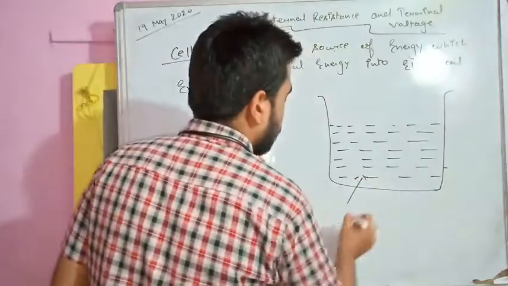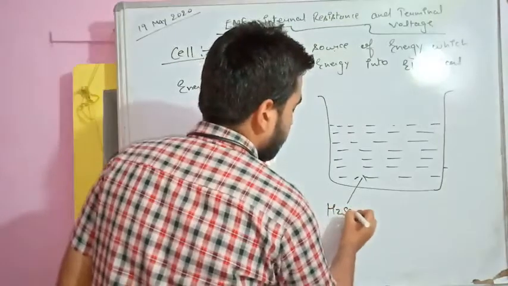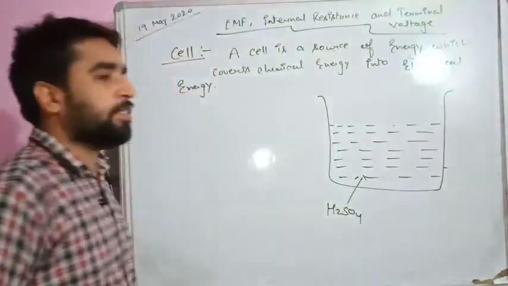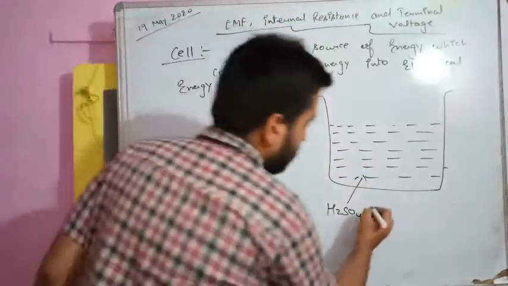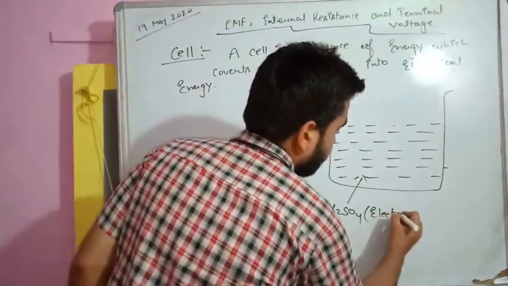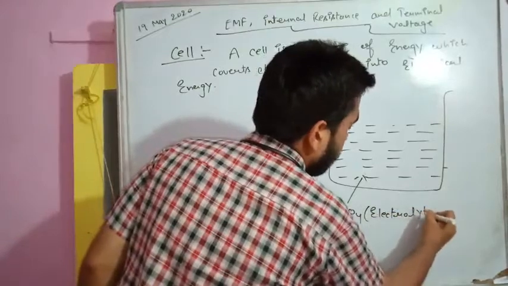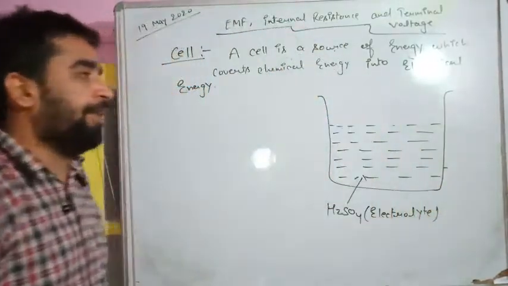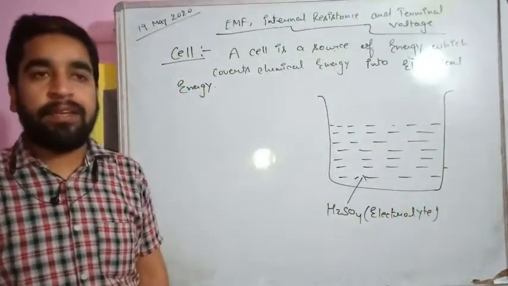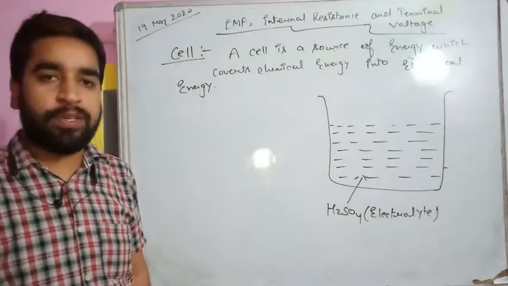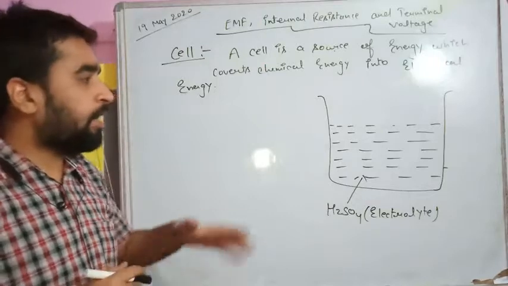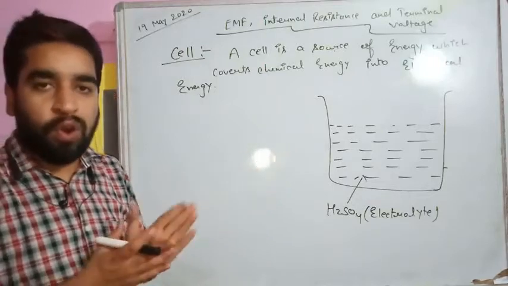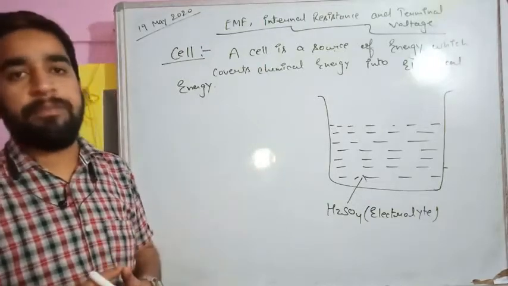So right now the electrolyte which I am considering in my example is H2SO4, sulfuric acid. Okay, so this sulfuric acid is working as an electrolyte. Fine. Electrolyte solution we have filled, and then we introduce the electrodes. Okay, what is an electrode? So the answer is the electrode is a kind of rod that can be of any metal.